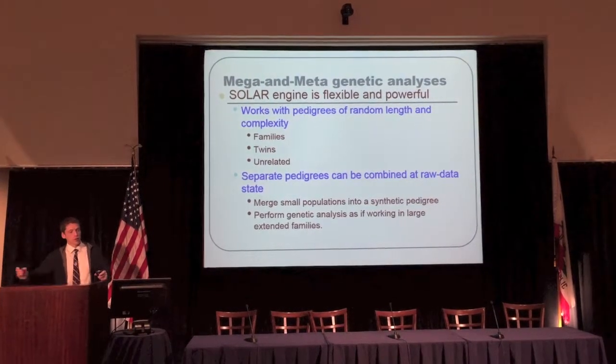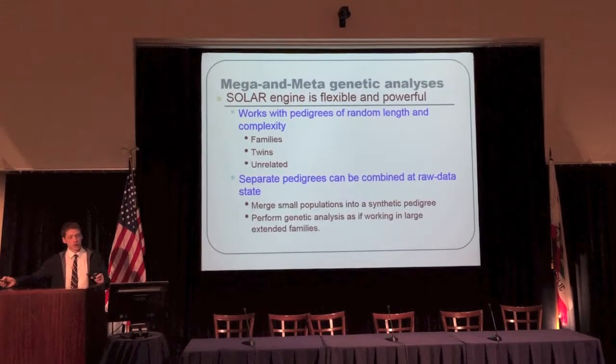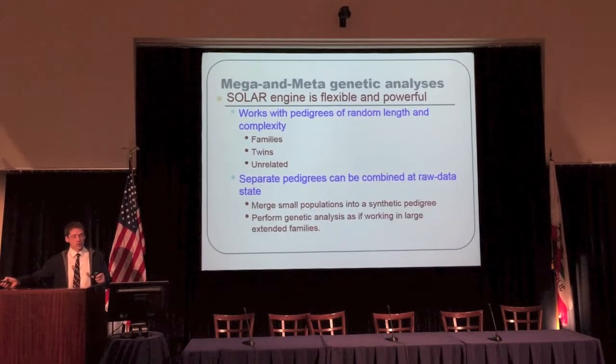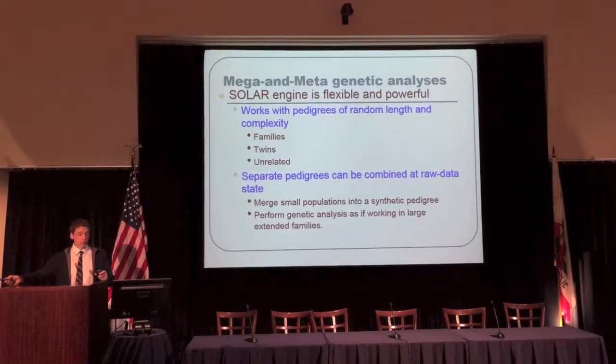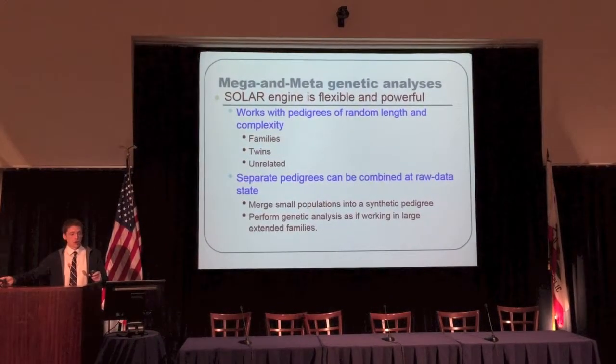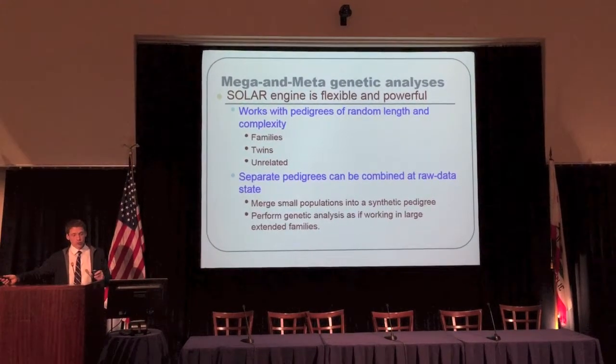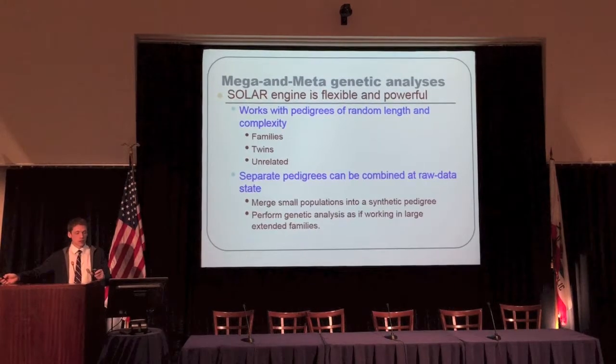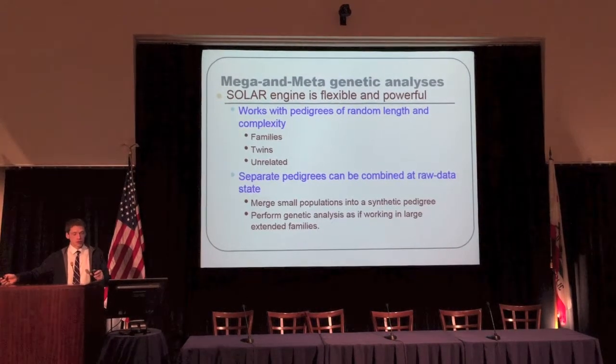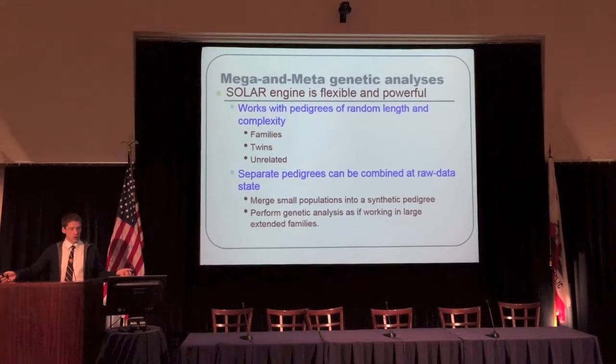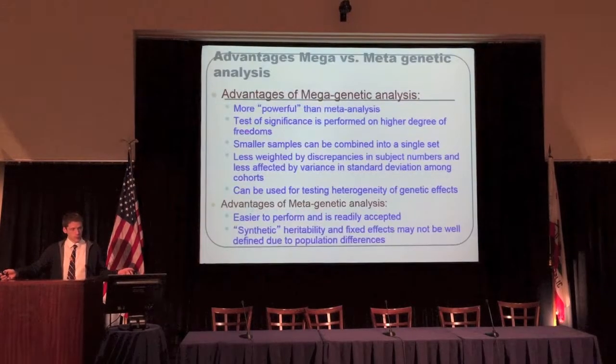So we can work with family data, twin data, unrelated data, and separate pedigrees can be combined at the raw data stage. So you can merge several small populations into a synthetic pedigree and perform genetic analysis as if working in a large extended family.